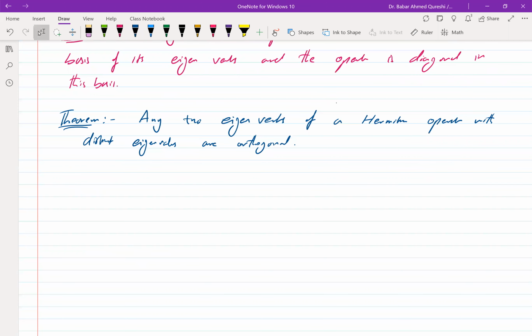This proof you can see very quickly. If A is Hermitian and you have this eigenvector and another eigenvector, and W1 is not equal to W2, then what you can do is compute this.